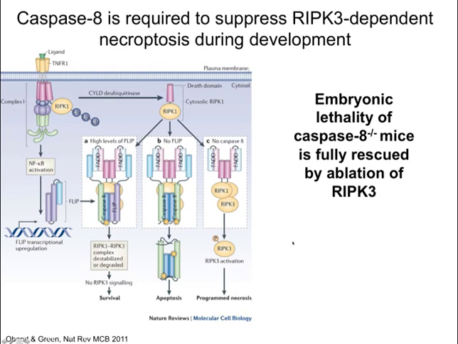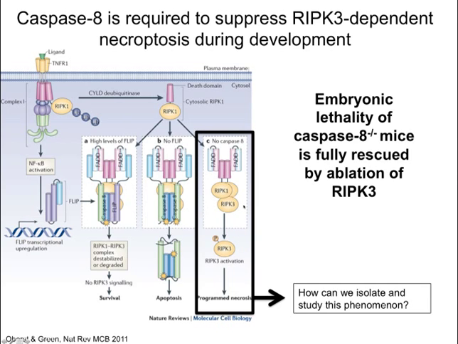But of course, this is a very complicated schematic. There's a lot going on here. You have some upstream effects of receptor activation. And we were really interested in studying these sorts of phenomena. That is, the activation of RIP3 by the upstream kinase RIP1, and the suppression of these events by caspase-8.